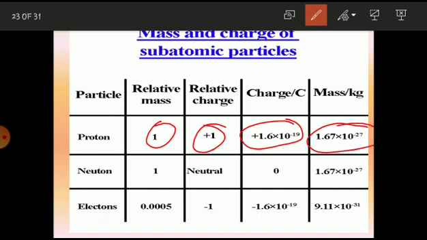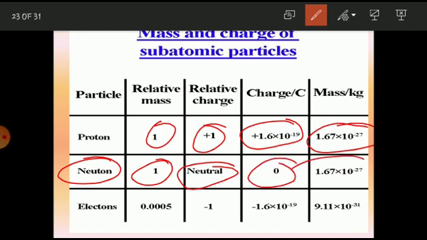The second subatomic particle is neutron, whose relative mass is 1, relative charge is neutral, charge per coulomb is 0, and mass per kg is 1.67 into 10 raised to minus 27.